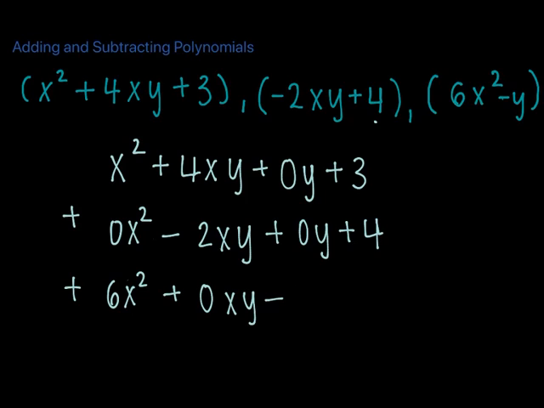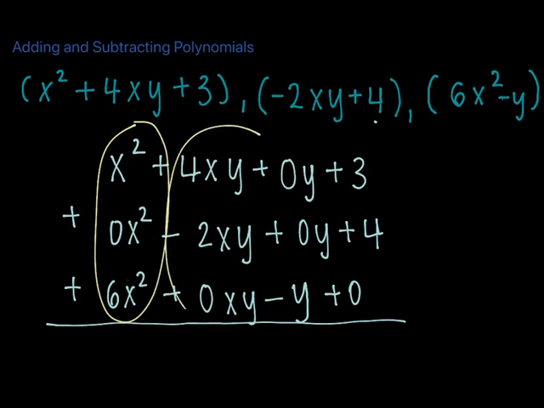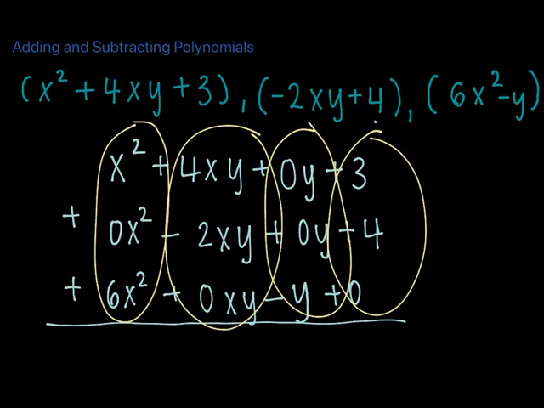We have negative y and no constant. So since we have the like terms lined up, we can now solve it.